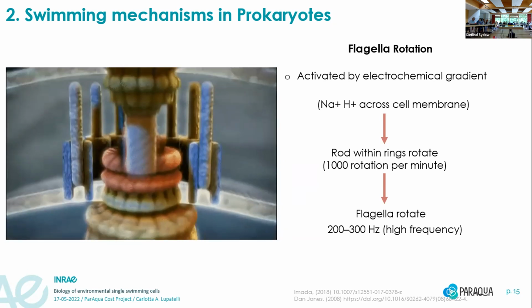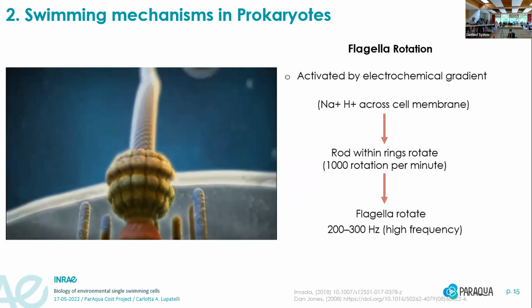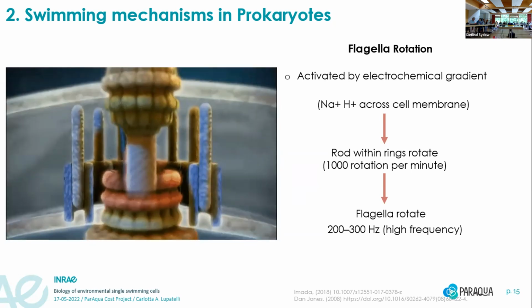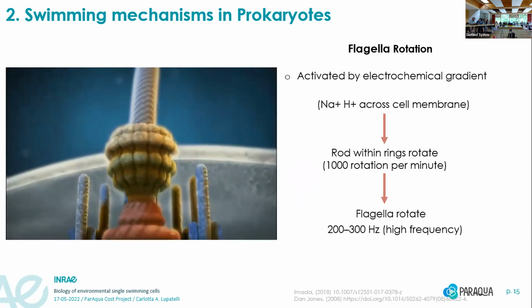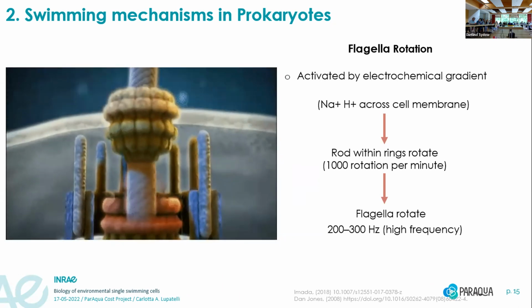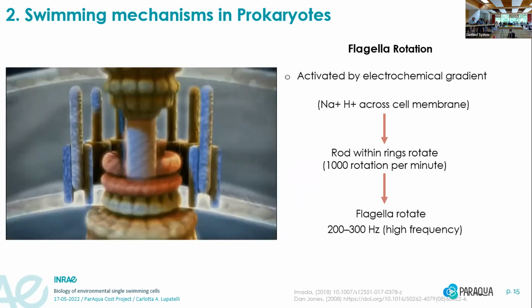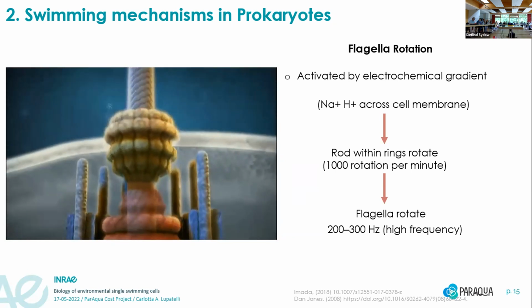The rotation of the rod will then enable the rotation of the filament of the flagella. Finally, this rotation is very efficient because it can allow the prokaryotic organism to move and also to reach a high frequency in the rotation of the flagella.